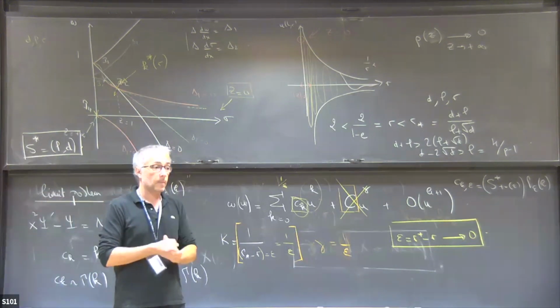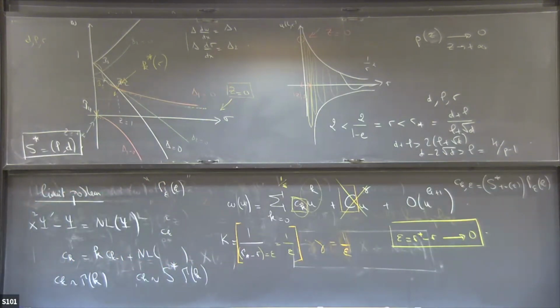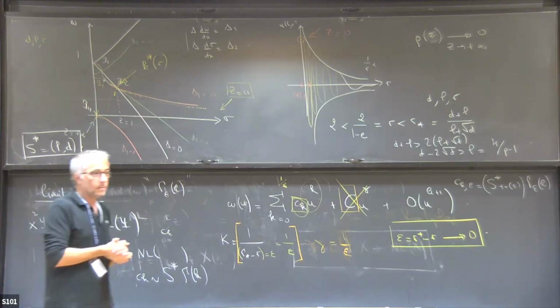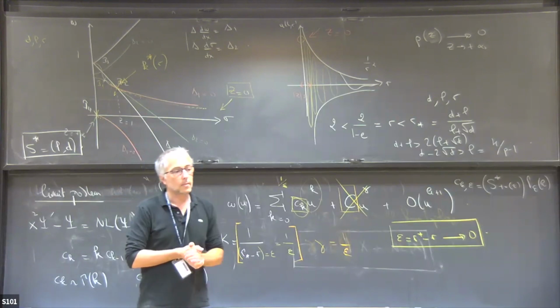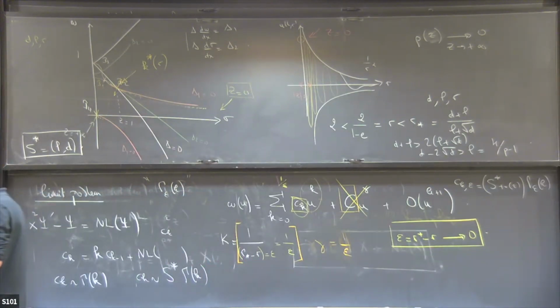One thing you can say is that if you look at these profiles and you look at the characteristics which are associated with these profiles, just simply by construction, all these characteristics, they go to one point. And they all focus at the same time. So this is not what you typically see with a shock formation where you have a characteristic crossing and you have something like a cut locus. Here, it's a concentration mechanism.